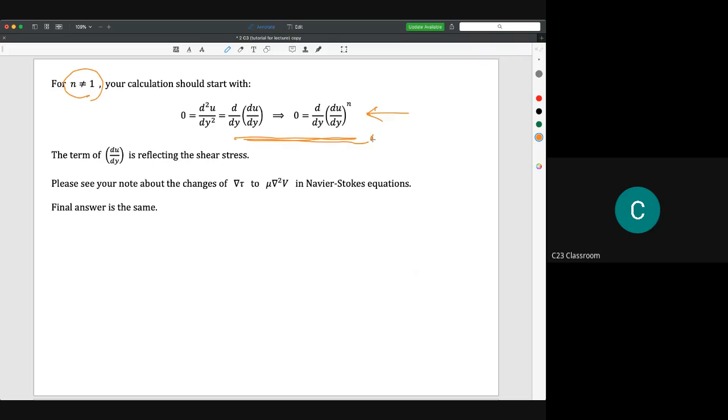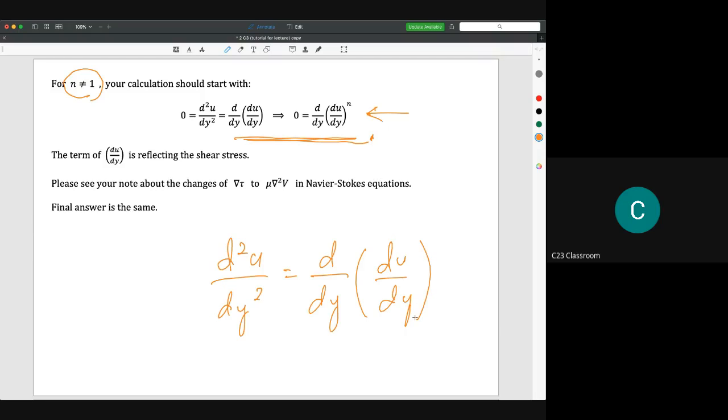Why? Because d square u over dy square is actually d over dy of du dy, and this du dy represents the tau.